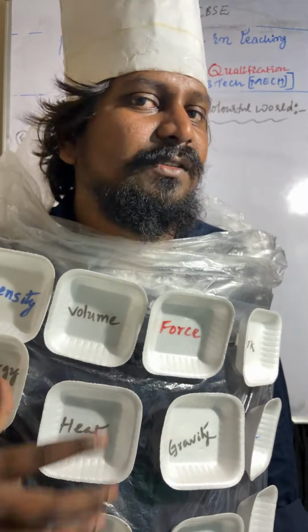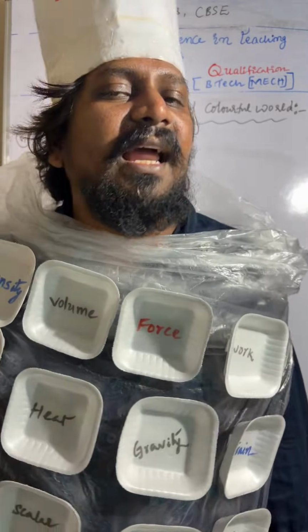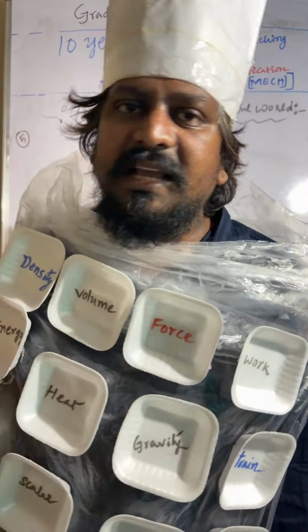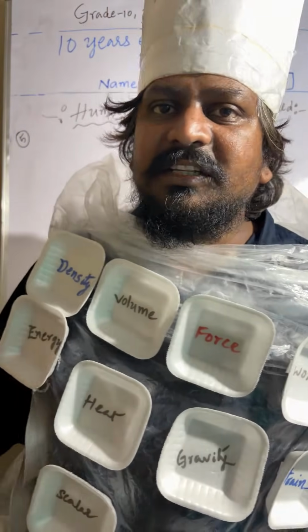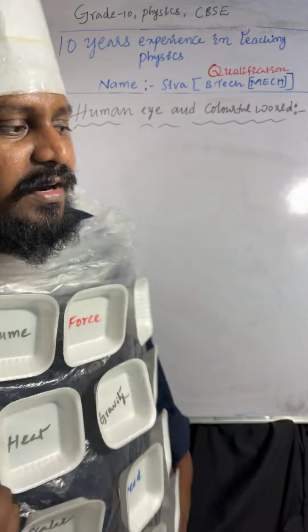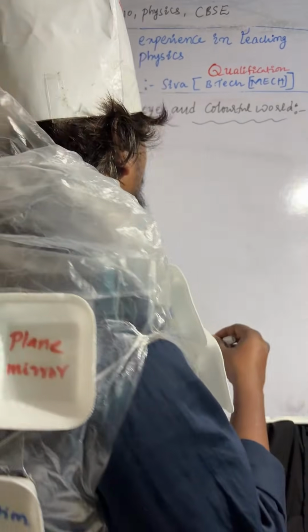The ability of the eye lens to adjust its focal length to allow light inside is called the power of accommodation. I hope it is very clear now.